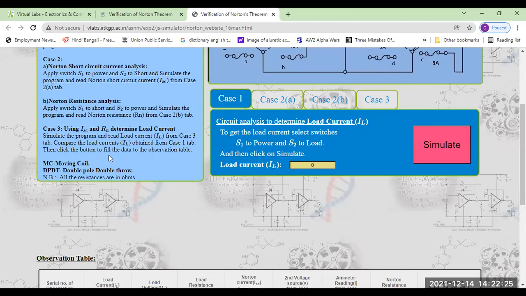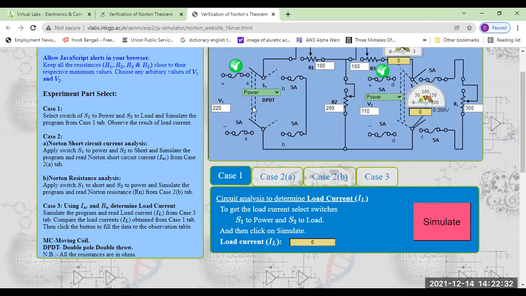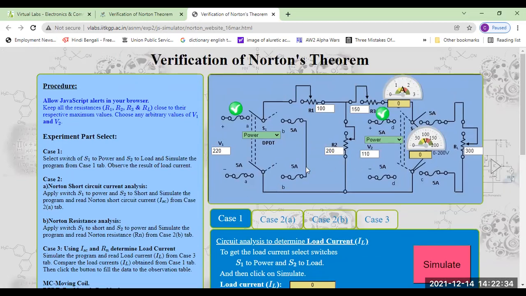Then click the button to fill the data and observe the table. So we do this one by one as described. We don't perform or remove anything not allowed here; whatever they told, we have to do.